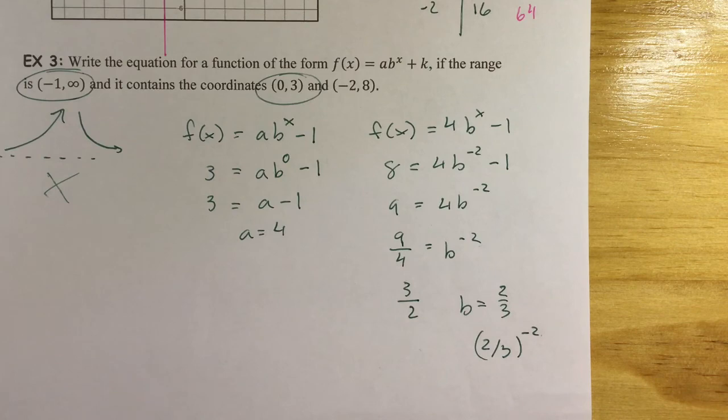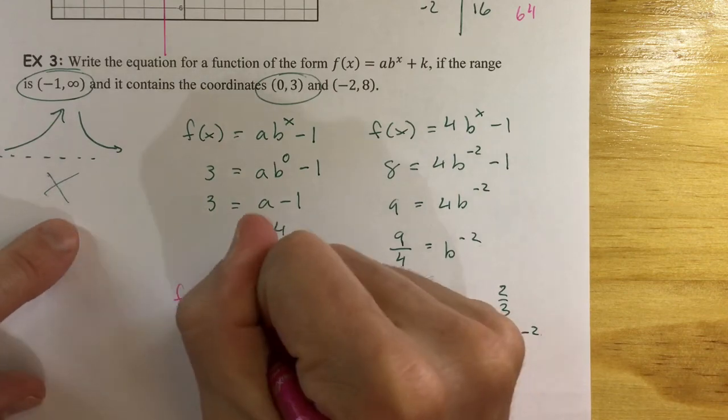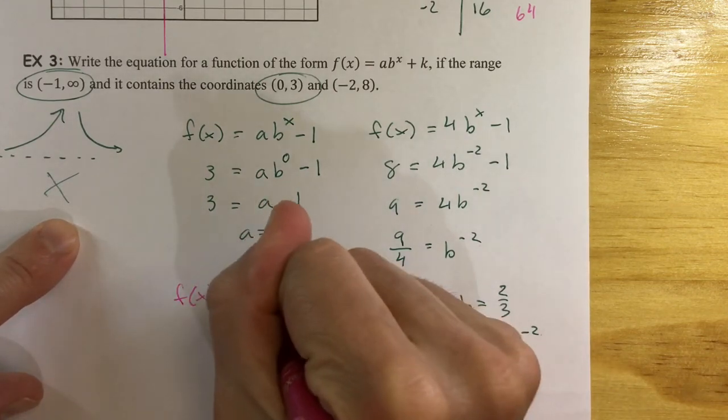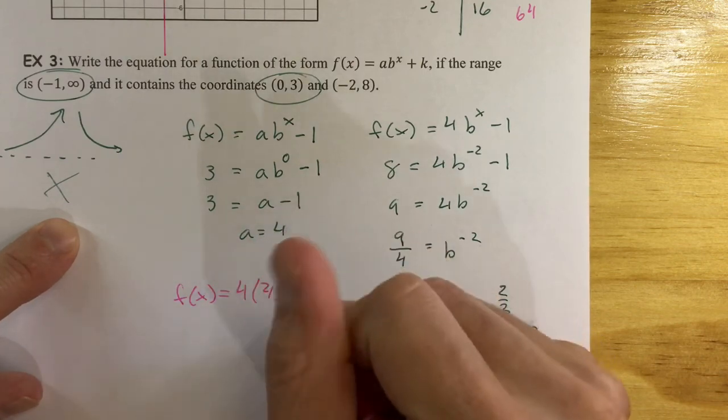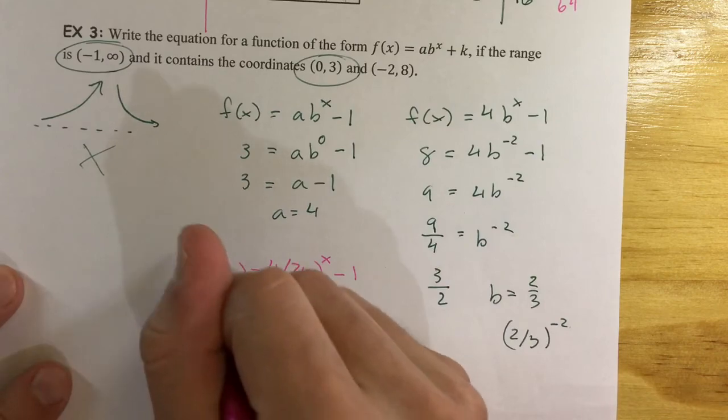In conclusion, f of x is equal to 4 times 2/3 to the x power minus 1. That's your function.